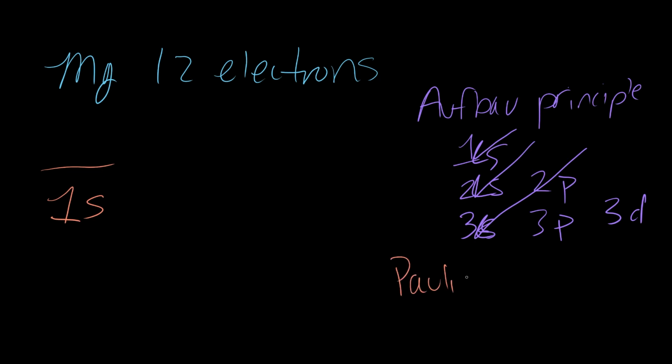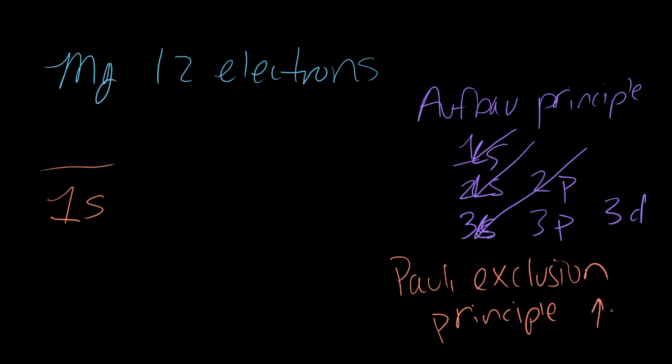The Pauli exclusion principle says that within the orbital, the electrons must have opposite spins. The way that we denote the spin is the direction of the arrow. So within the 1s subshell, we can put 2 electrons, one going up and one going down, to signify the direction of the electron spin.